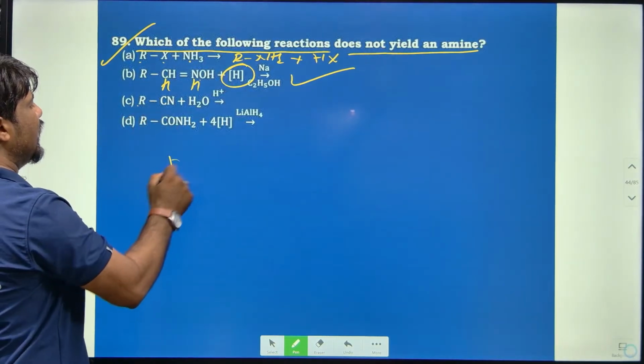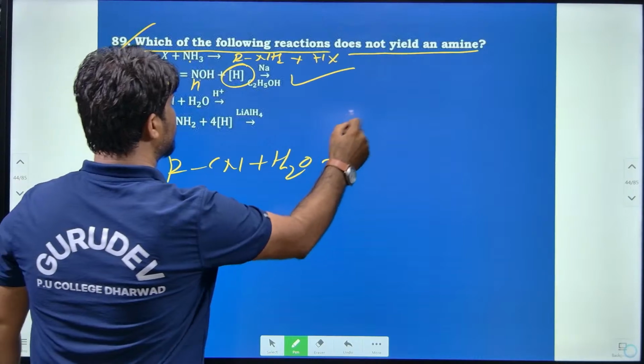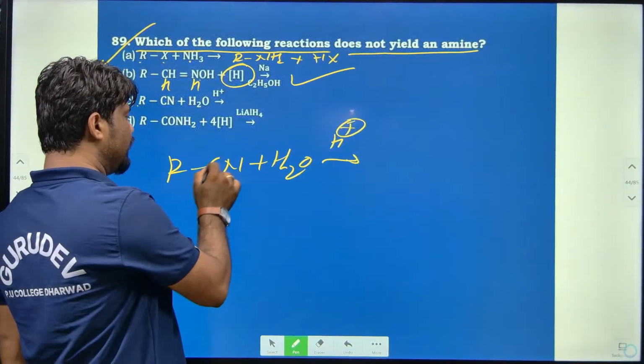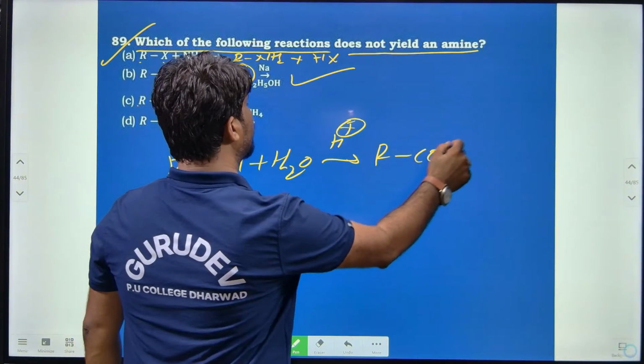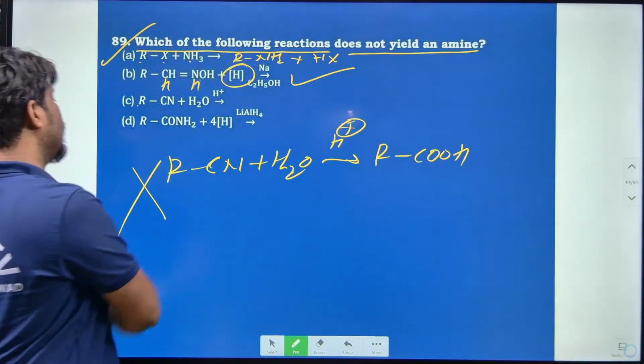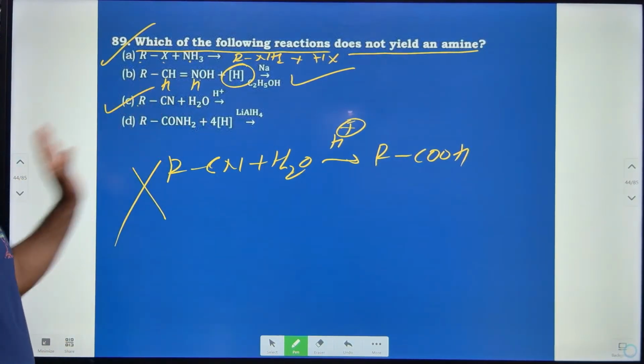When RCN is treated with water in the presence of H plus, actually when cyanide is treated with water under acidic conditions, it gives carboxylic acid, so it will not give amines. Hence option C is the correct option. It does not give primary amines.